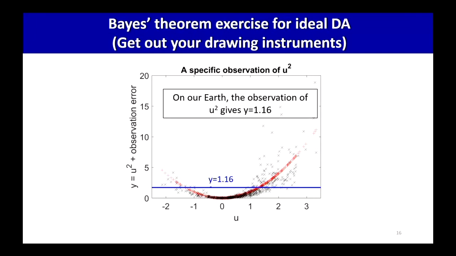So the probability of there being black dots in this little box here, that's the probability of X and Y happening at the same time.